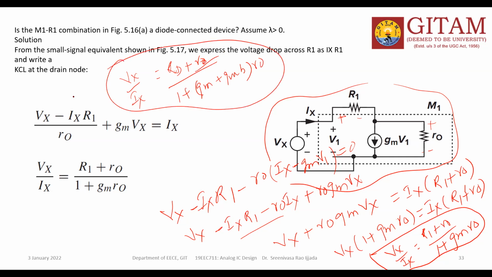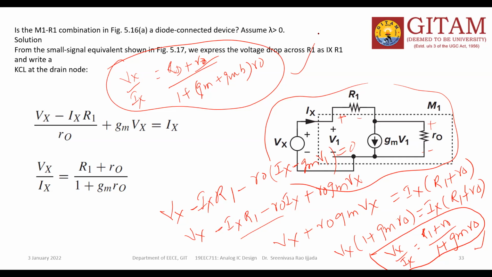If you try to correlate both equations, in place of RD there is R1, no problem. In place of R0, R0 is there. In the bottom, 1 plus GM into R0 is there, but one term is missing. What is that? GMB. Got my point?